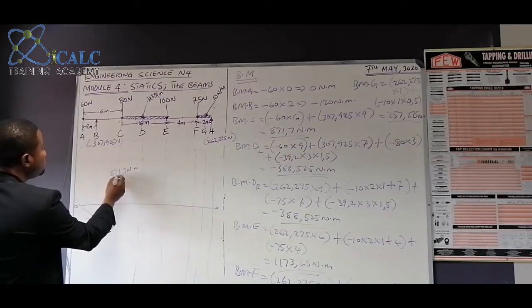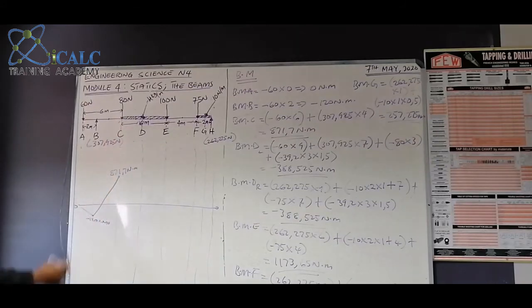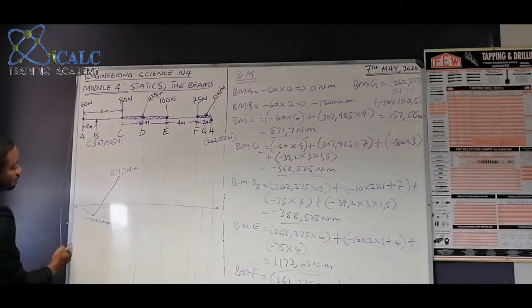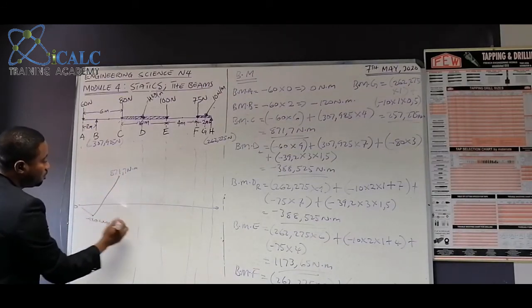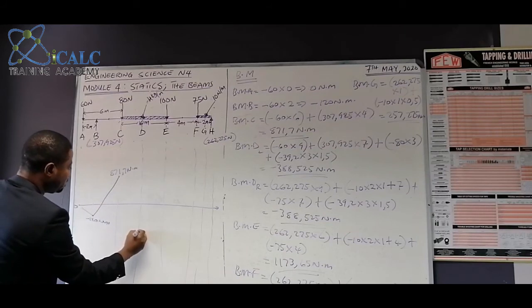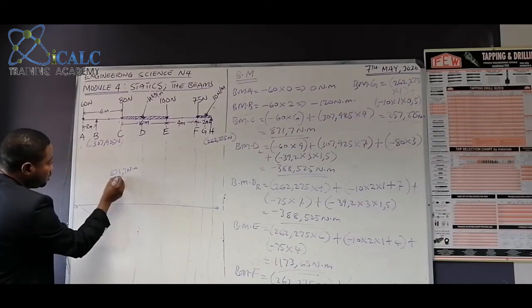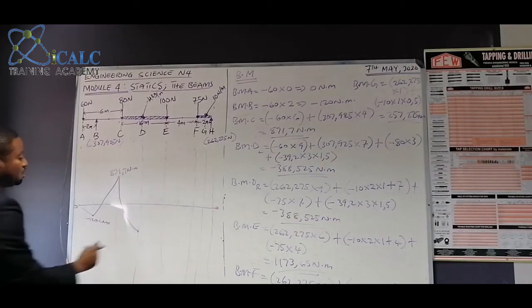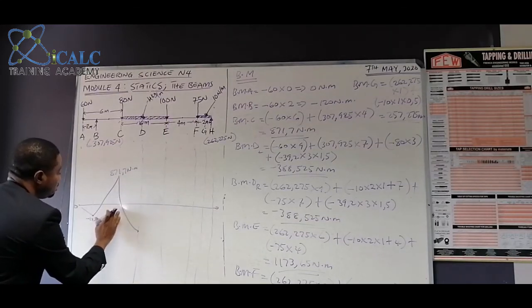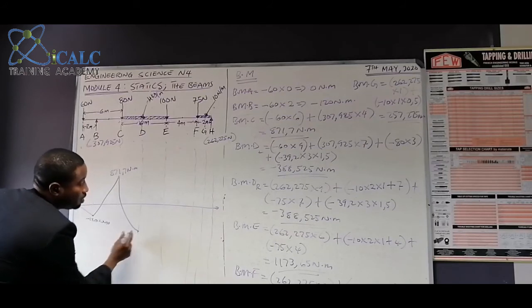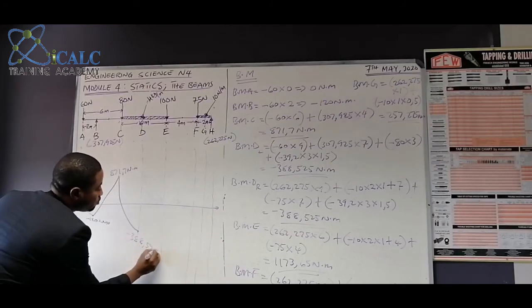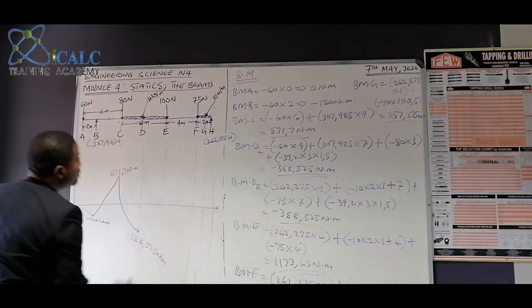So we have to push down. And here we have bending moments. Because we have bending moment, it must actually curve here. It's not going to be direct slant. So therefore, to this point, we can just go this way. All right. And then we shall have our minus 388.525 Newton meter.